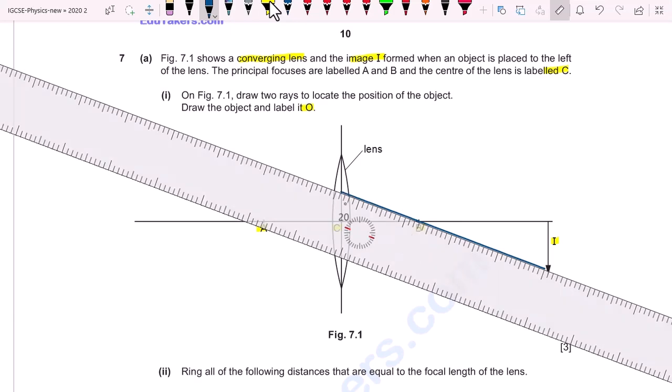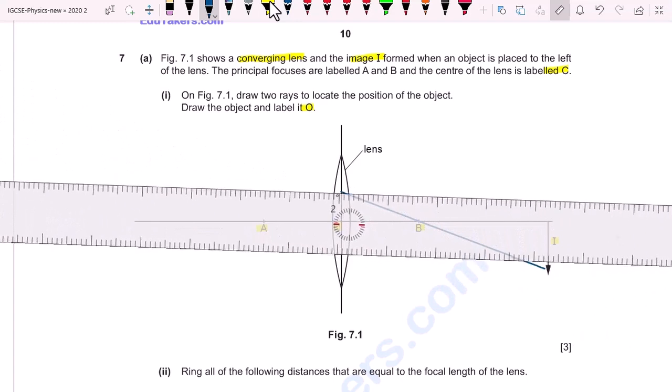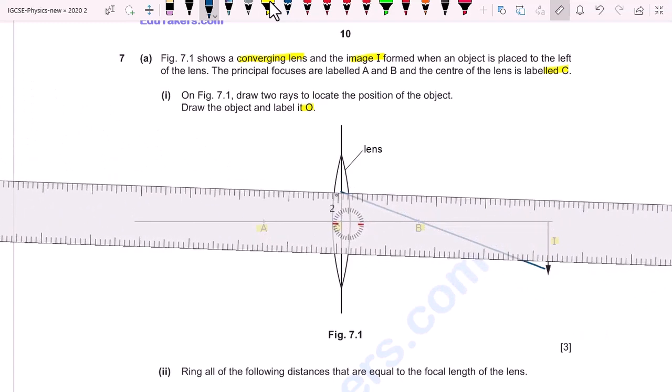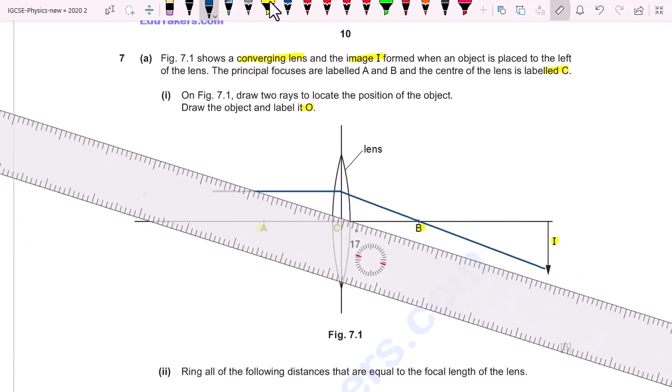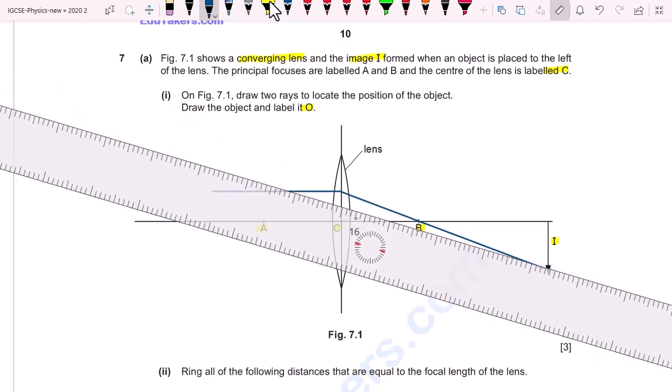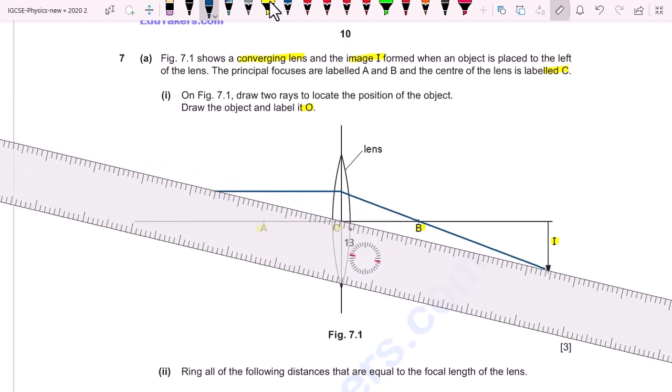Then after refraction, it becomes parallel to the optical axis. Then I draw a straight line from that point towards this side. The second ray starts from the same point on the image and passes through the center of the lens. I draw the second ray.